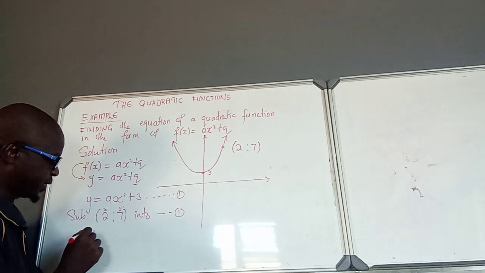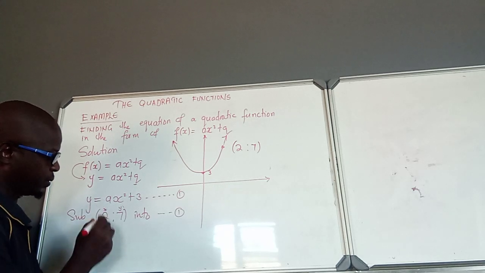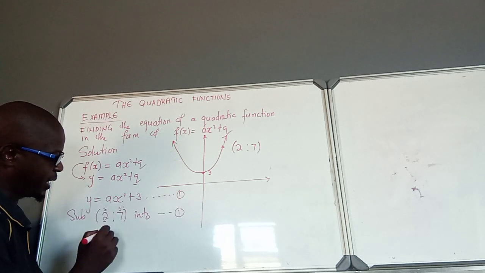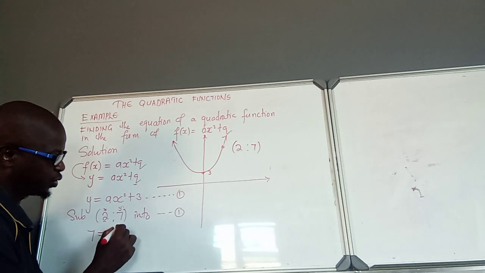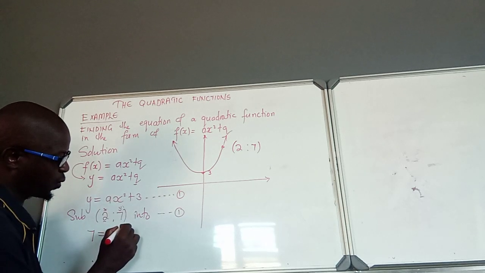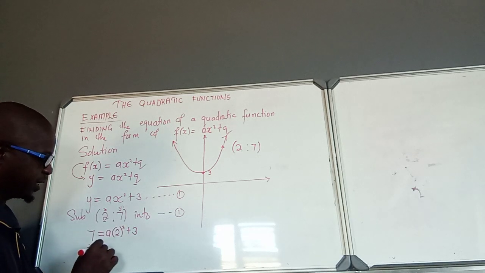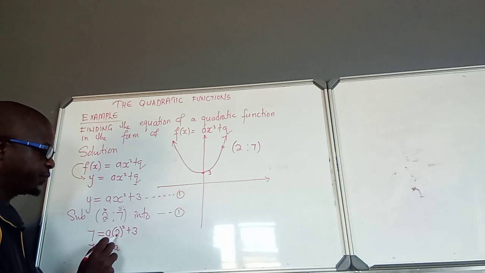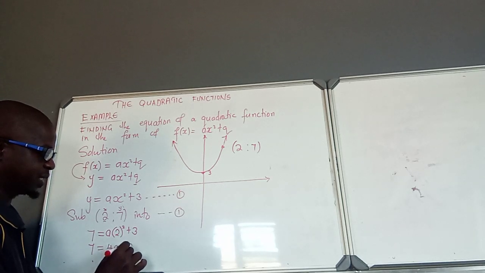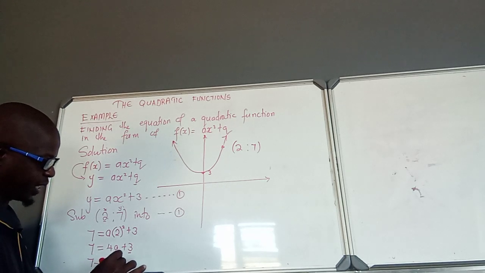So here I'm going to say 7 is equal to a times x squared plus 3, and this x is 2. So this simplifies to 7 is equal to 4a plus 3, because 2 times 2 is 4. I'll take the 3 to the other side of the equation, so 7 minus 3 is equal to 4a.